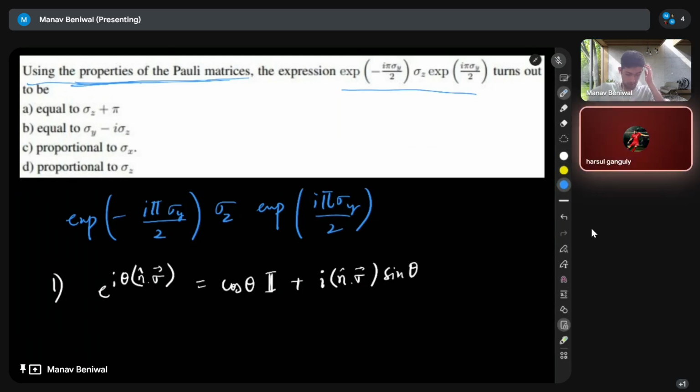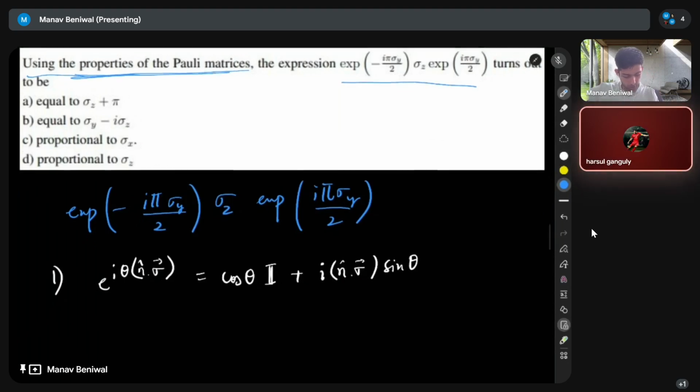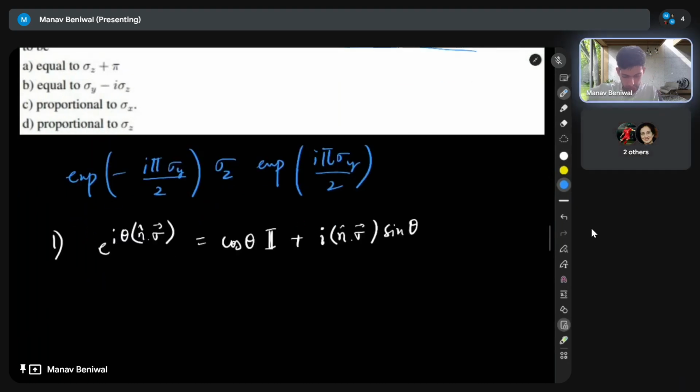So the first term will then become, so here you see on comparing, theta is minus pi by 2 here, right? So theta is minus pi by 2. So cos of minus pi by 2 is same as cos of pi by 2. Let me write.